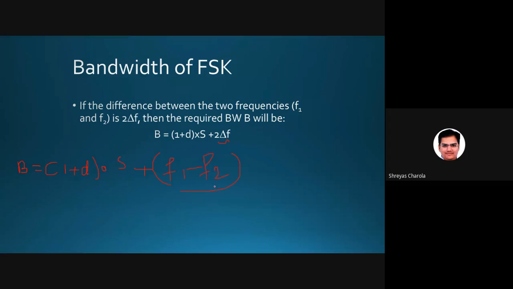When you work with F1 and F2, what is the equation of F1? It is Fc plus K of m of t, and the value of F2 will be equal to Fc minus K of m of t. When you subtract F1 minus F2, which component will be cancelled out?